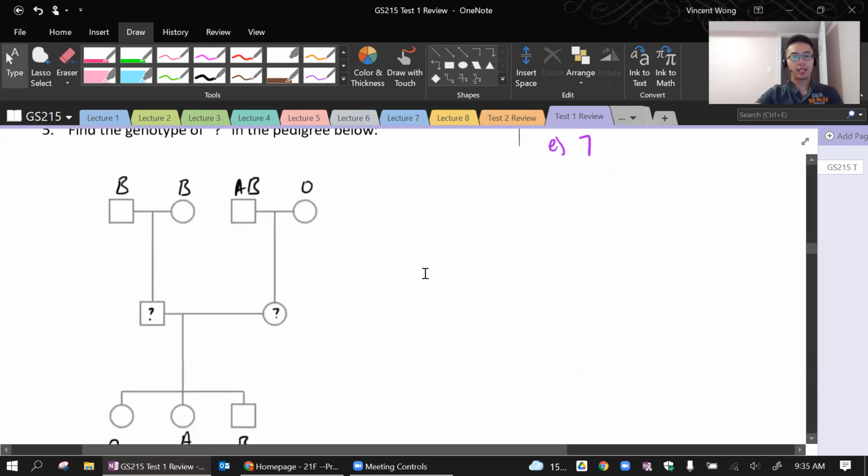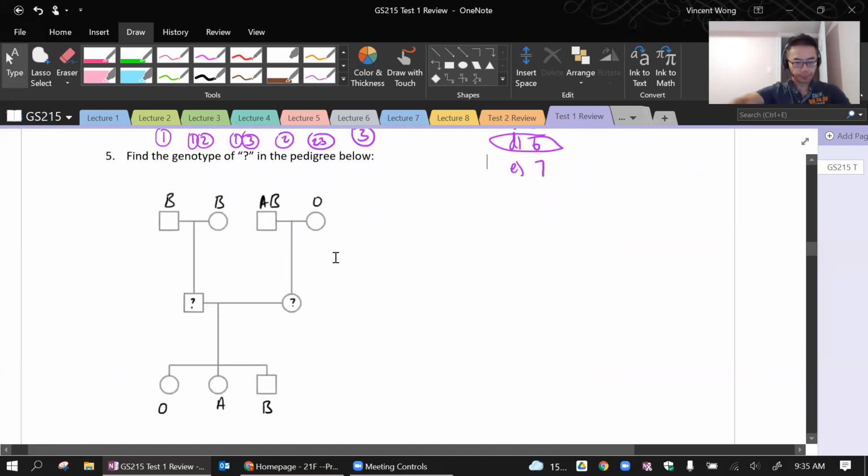Next one: find the genotype of the question mark in the pedigree below. We will start with people who are type O or AB. So O is ii. This is ii. This is IA IB. And the rest of the people would be IA something, IB something, IB something, IB something.